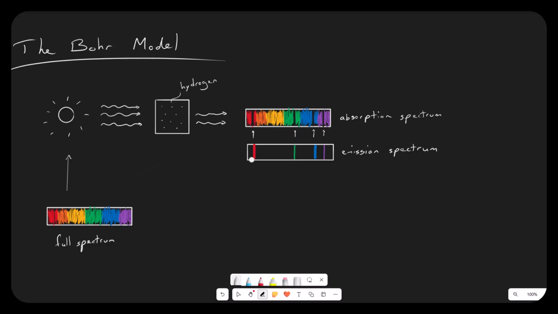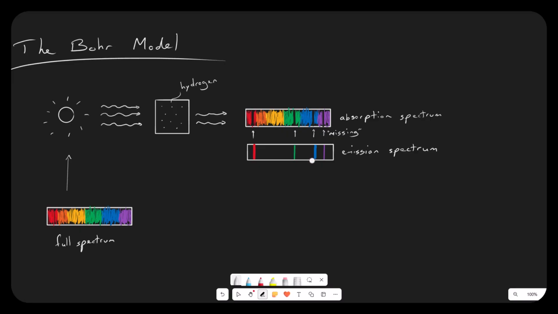The ones that are being absorbed, those come out in this emission spectrum. So there are wavelengths here that are missing. I'm going to put that in quotes. There are wavelengths that are missing from the full spectrum view.